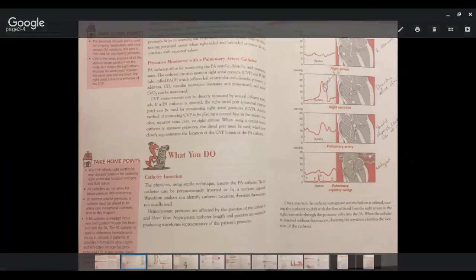Take-home points. The proximal infusion port is used for infusing medications and intravenous (IV) solutions. This port is not used for monitoring pressures. CVP is the main pressure of all the venous return pulled from the body as it enters the right atrium. Because no valves exist between the vena cava and the heart, the right atrial pressure is reflective of the CVP.